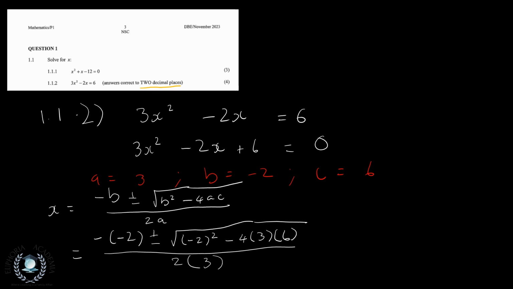All right, now when you put this in your calculator and you do for the positive and the negative, you're going to find that x is going to be equal to 1.79, or x is going to be equal to minus 1.21.